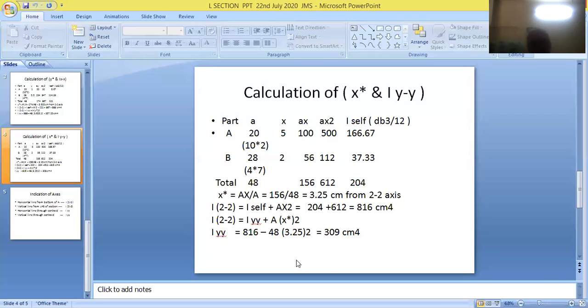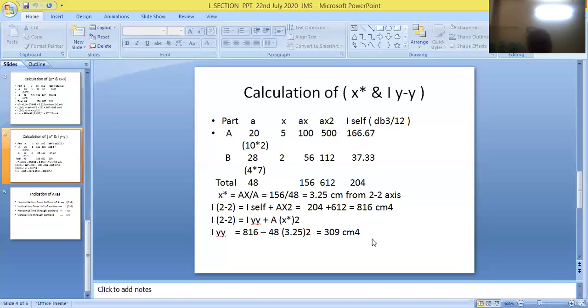So friends, in the previous slide, we have measured the value of Y bar, we have measured the value of I11, and we have ultimately measured the value of IXX. And similarly, in this slide, we have measured the value of X bar, we have measured the value of I22, and ultimately we have measured the value of IYY. So friends, these are the calculations to be made for solving problems on any section, but the L section is given in the problem.